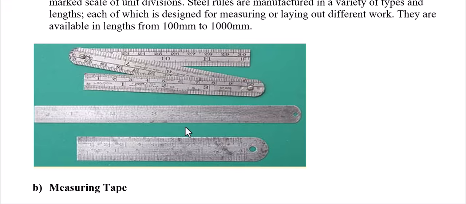This is called a steel ruler because it is made from stainless steel that does not corrode or get affected by rust, and it allows deflection without any kind of deformation.